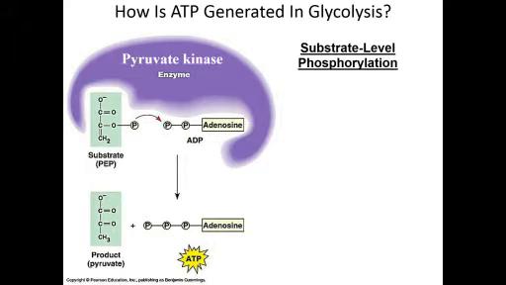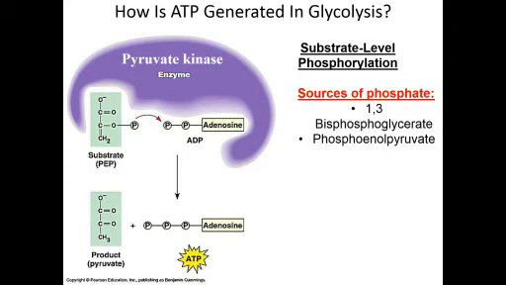Alright, so looking at substrate level phosphorylation, here you're given the example of phosphoenolpyruvate, or PEP. This is the last step of glycolysis. This molecule binds to an enzyme called pyruvate kinase. Pyruvate kinase binds to PEP, and you also have a binding site for ADP.